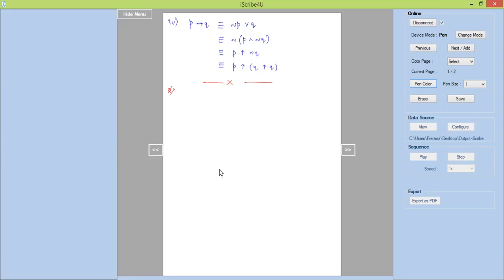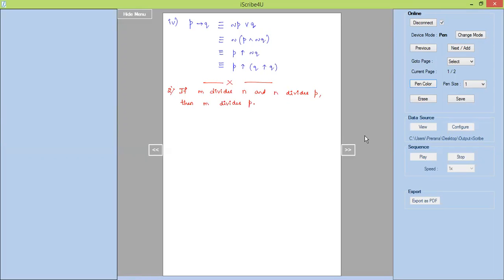So the question: if m divides n and n divides p, then m divides p.